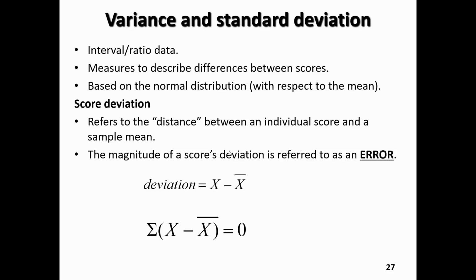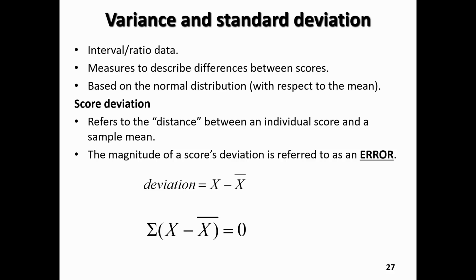The magnitude of a score's deviation is typically referred to as an error. Now, the error here does not necessarily imply a mistake.